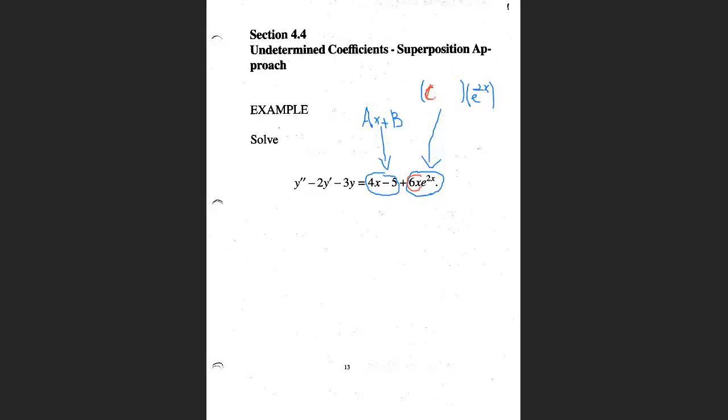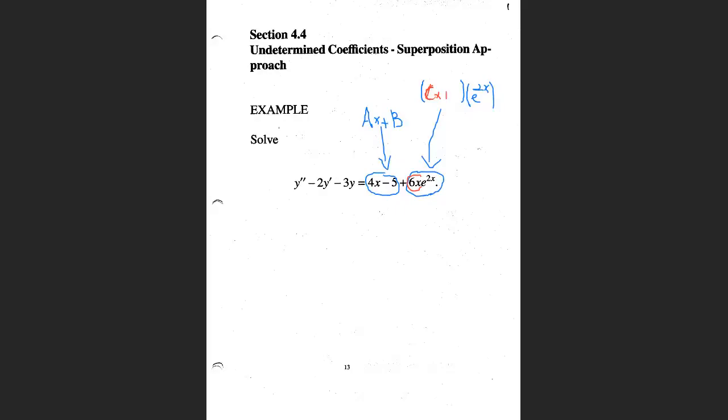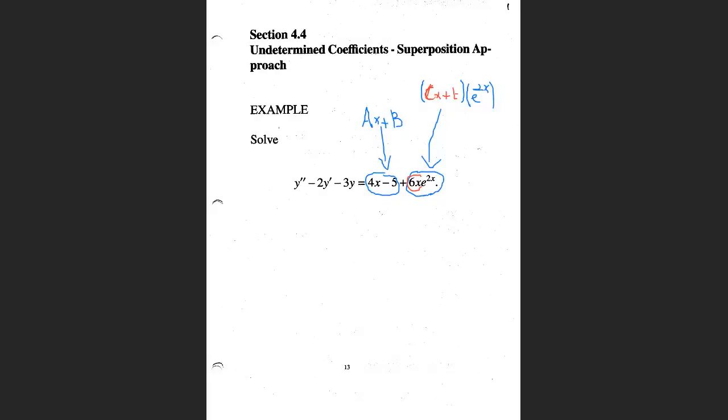I'm just sort of helping you feel comfortable. We're going to formally have this in our notes. It's going to be Cx plus D. Now, normally we would have a D, but I'm going to put an E, because the book uses the letter D for what are called differential operators, and we didn't study that.